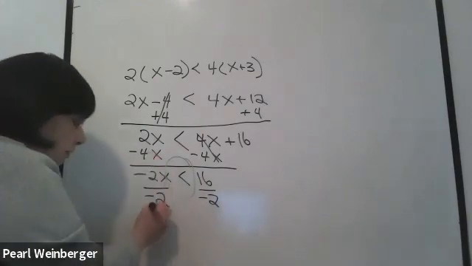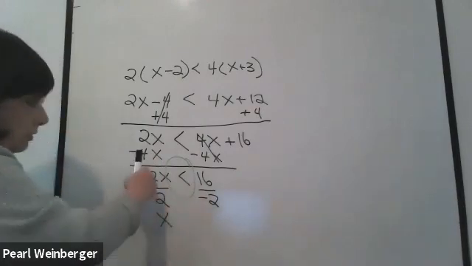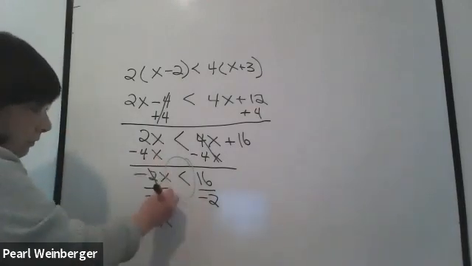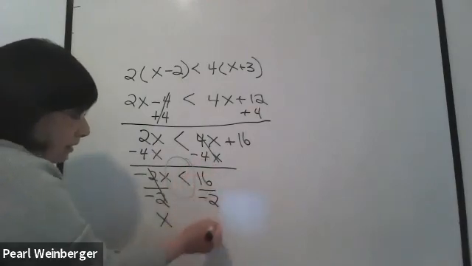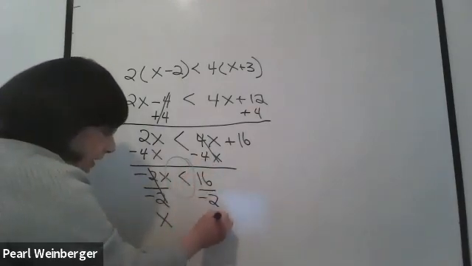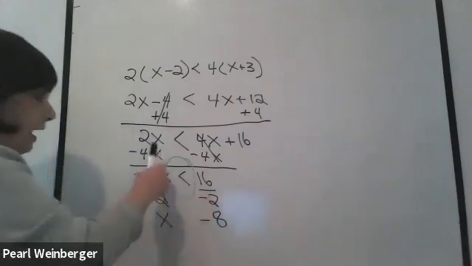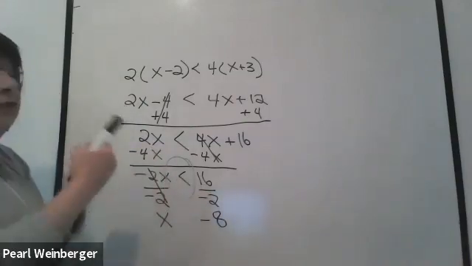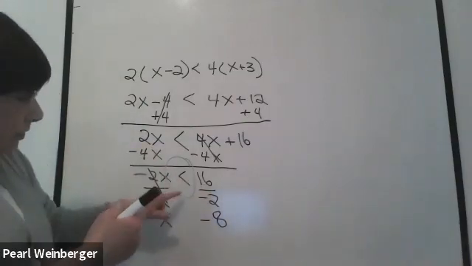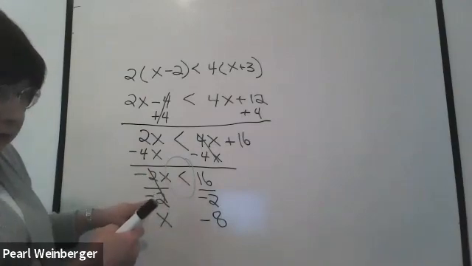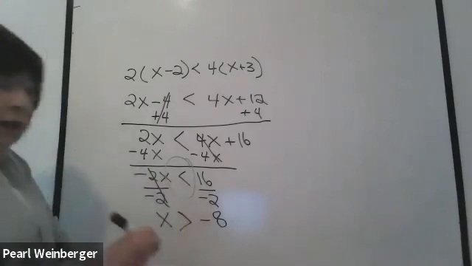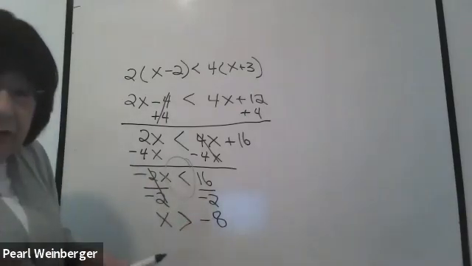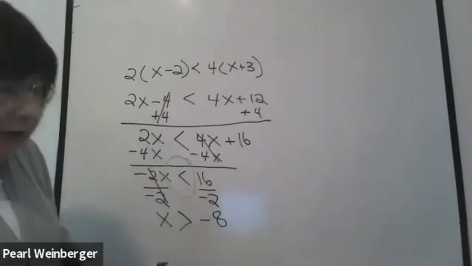So this will become an x because I'm canceling out the negative 2. This side is 16 divided by negative 2, which is negative 8. And since the number I divided by is negative, my answer becomes x greater than negative 8.